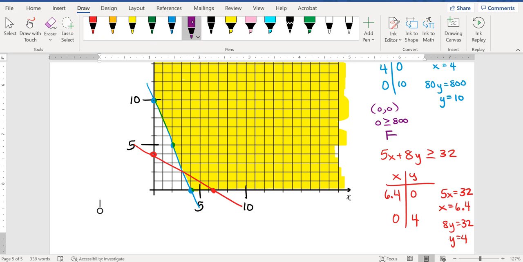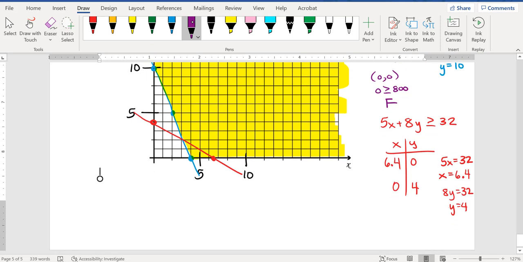Now, a test point is 0, 0, so I get 0 greater than or equal to 32. That's false. I do not want to shade 0, 0. So on the red line, I want to shade this way.